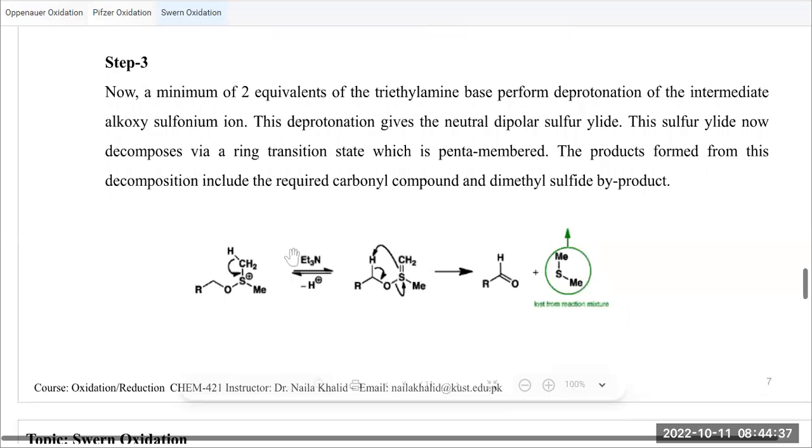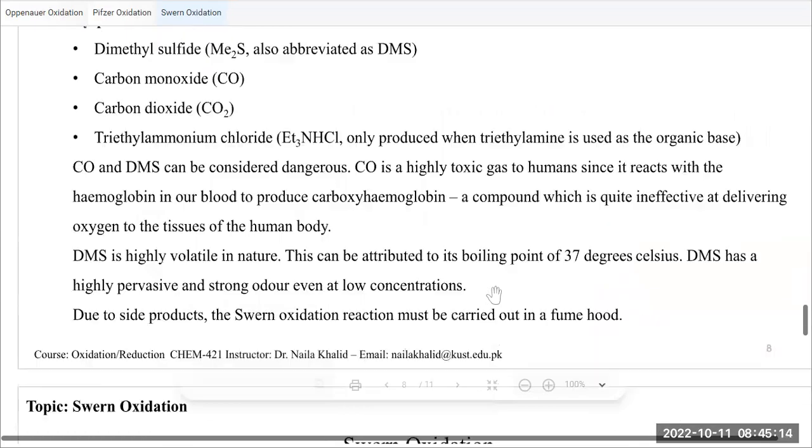In this case, we have used triethylamine, and this triethylamine will abstract this proton and this comes here, and you will get an electron pair from here, and you will get this type of species, and then this electron pair will abstract this proton internally and this electron density comes here and you will obtain aldehyde from this primary alcohol. And if you start with a secondary alcohol, you will get ketone. So this is a very simple process of Swern oxidation.